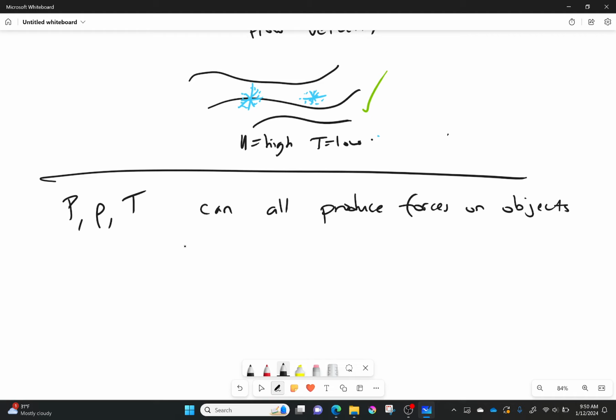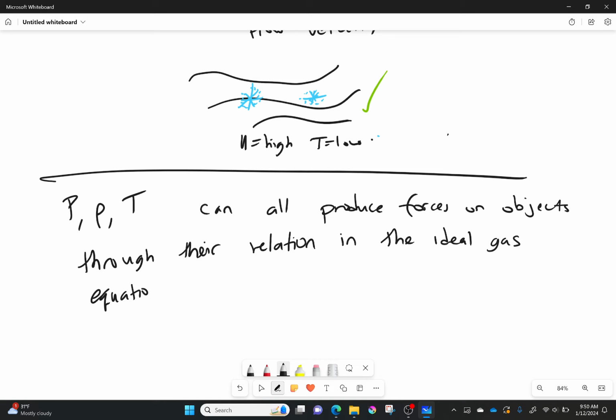They do that through their relation in the ideal gas equation.